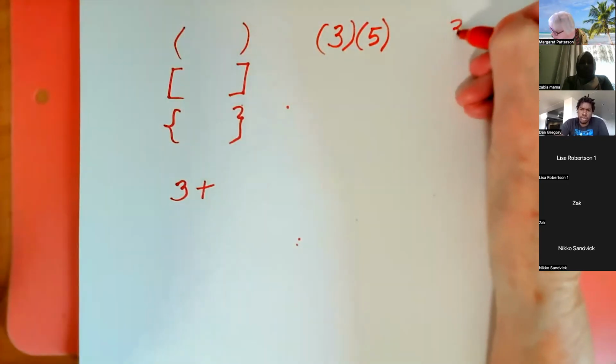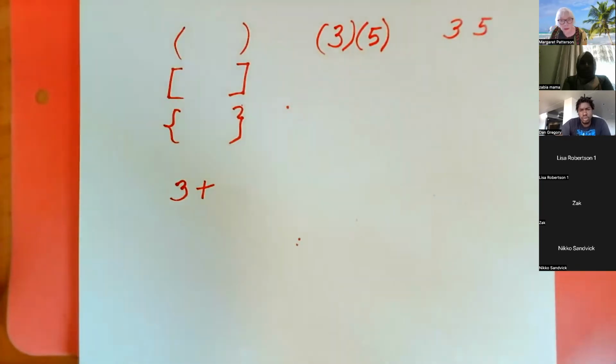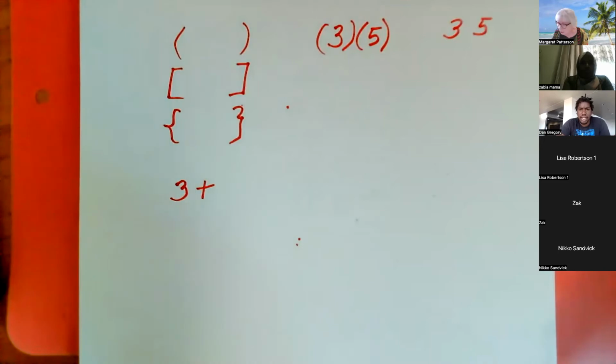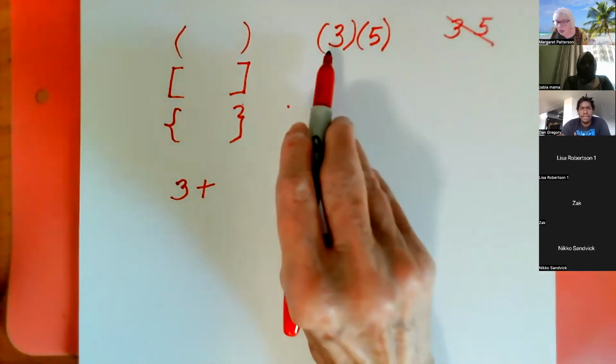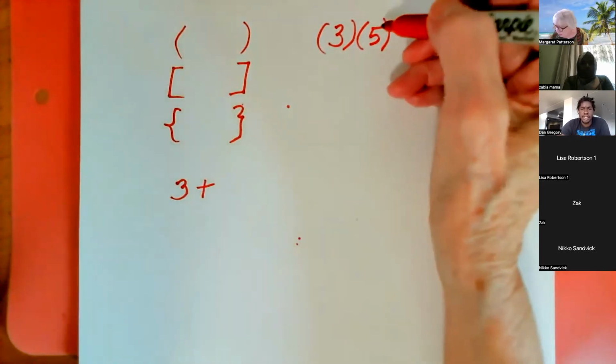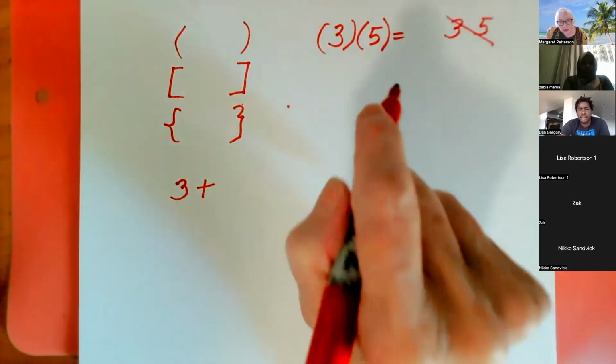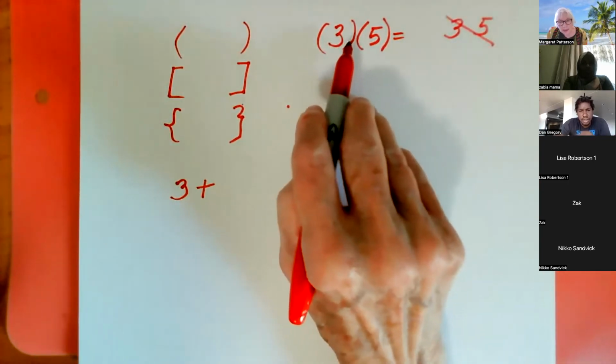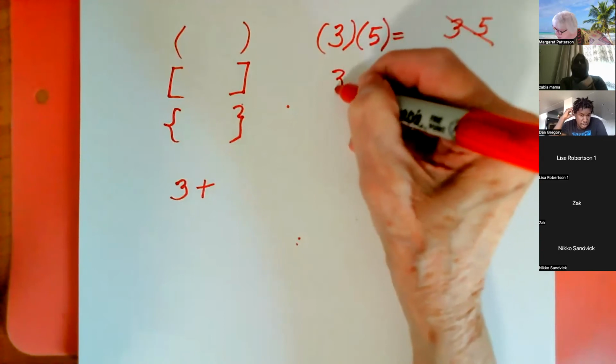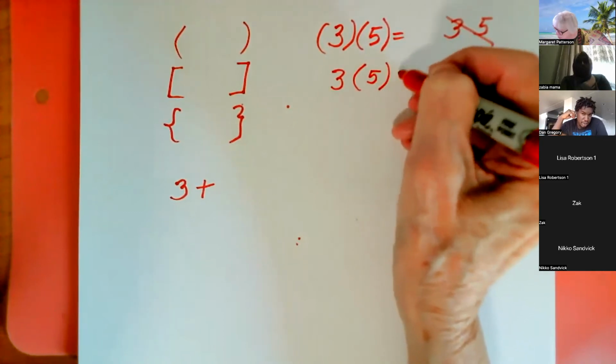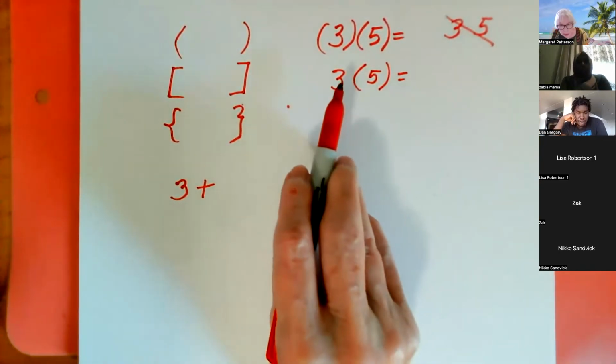Because if you just write 3, 5, somebody's going to think that's a 35. Could it be like a 3 times 5 inside? Yes, and so this is basically 3 times 5. You could have that same problem like this and it would still say 3 times 5.